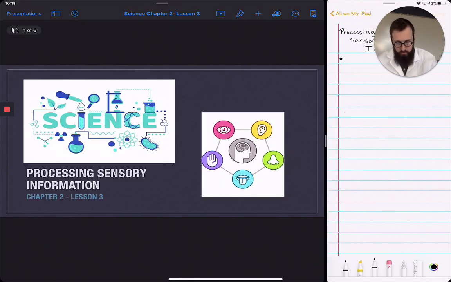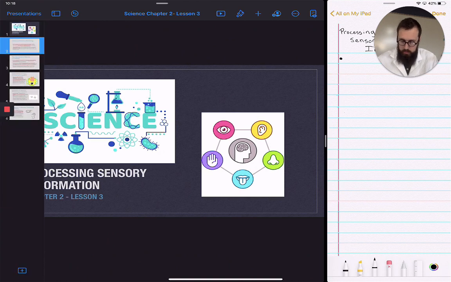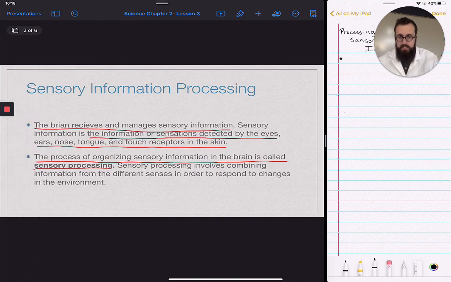So let's go ahead and cover sensory information processing. So the brain receives and manages sensory information. Sensory information is the information or sensations detected by the eyes, ears, nose, tongue, and touch receptors in the skin.